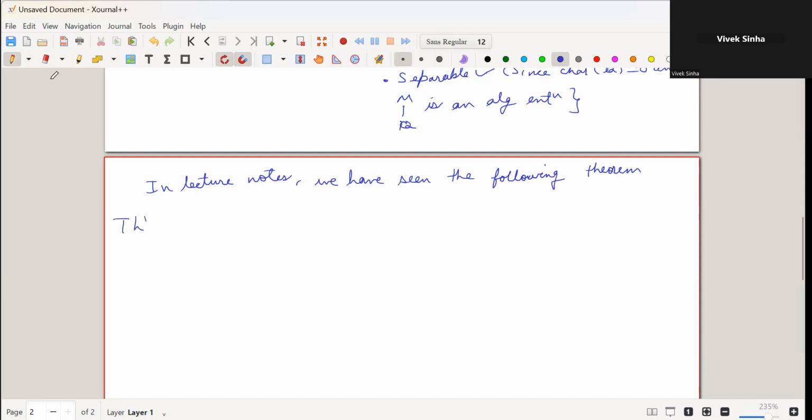So which theorem am I saying? Let K over F be a finite extension.